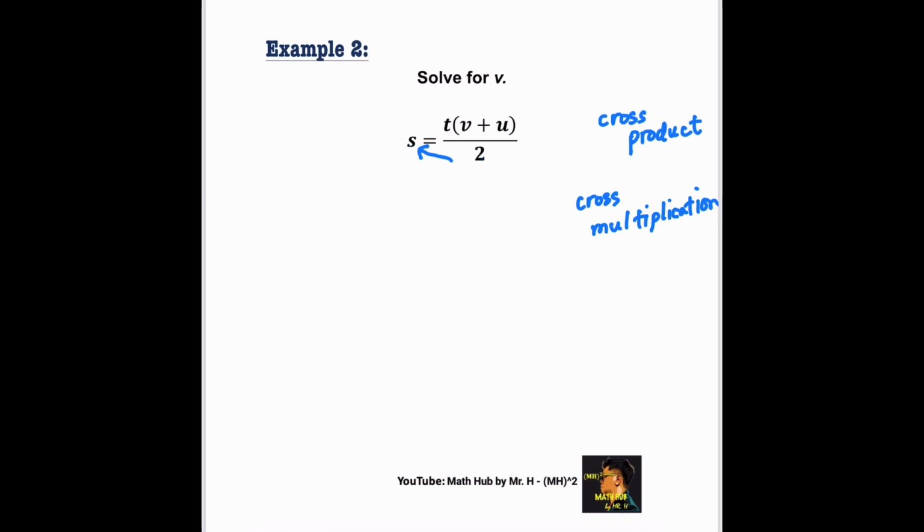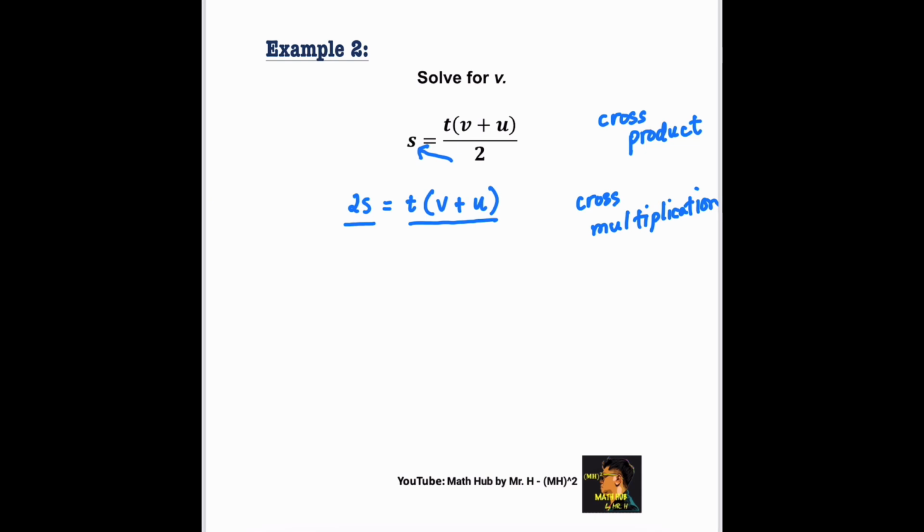So going back, the first thing is multiplying 2 by the left-hand side. So 2 times s is 2s, equals, and we just copy everything from the numerator: t times v plus u. From here, you can see that t is one factor and v plus u is another factor. So definitely from there, we can divide both sides by t.